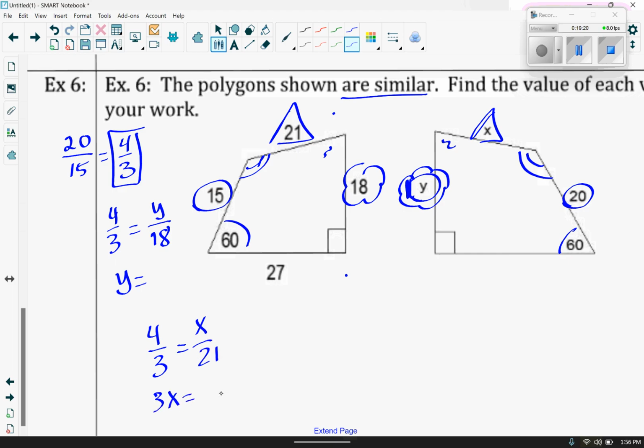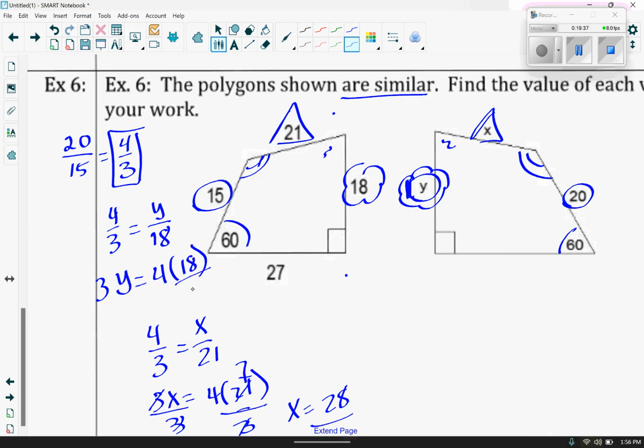So 3x equals 4 times 21. Divide by 3. That gives me 7. So x equals 28. And this one's going to be 3y is equal to 4 times 18. Divide by 3. Y is going to equal 24. And this one I did not ask you for the perimeters, so we don't have to worry about it.